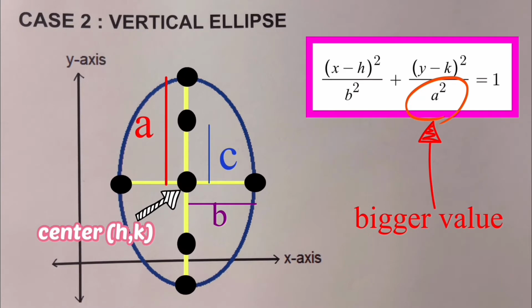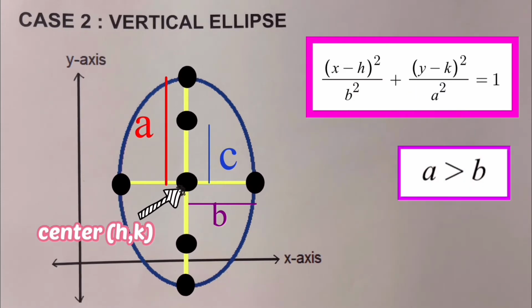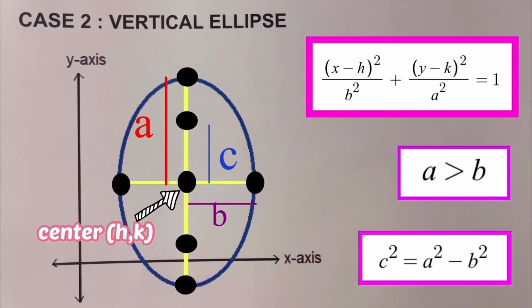The reason for that is that this is a vertical ellipse. Vertical means up or down, and so this is placed under the y. We also remember that a is always greater than b. And the formula that relates these lengths a, b, and c is c squared equals a squared minus b squared.